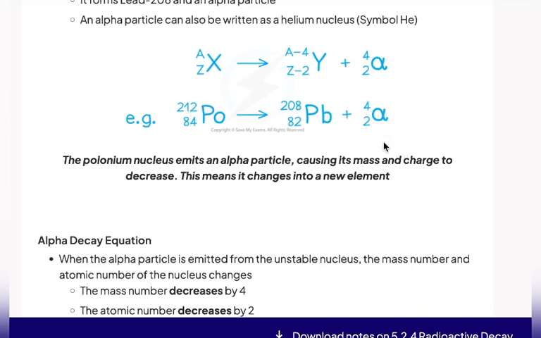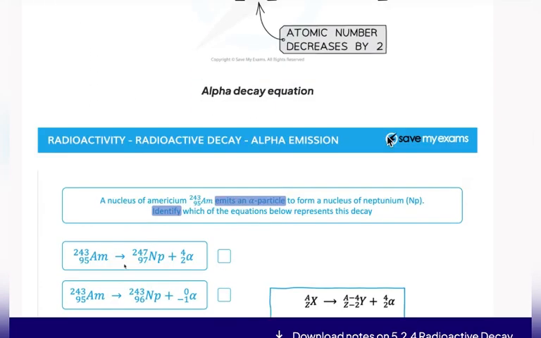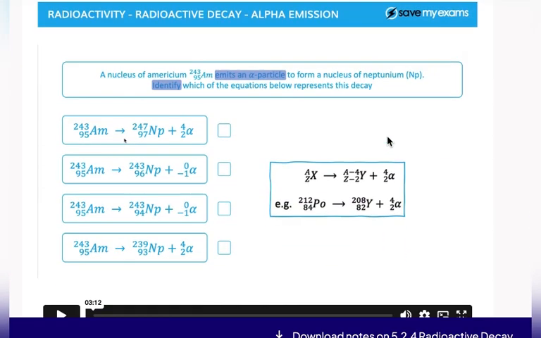It forms the alpha particle. So 212 minus 4, you get 208, and 84 minus 2, you get 82. So you get this as the new daughter nucleus, and you get this as the alpha particle. So that's what it is.